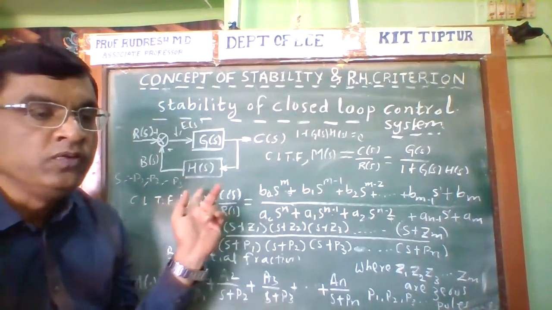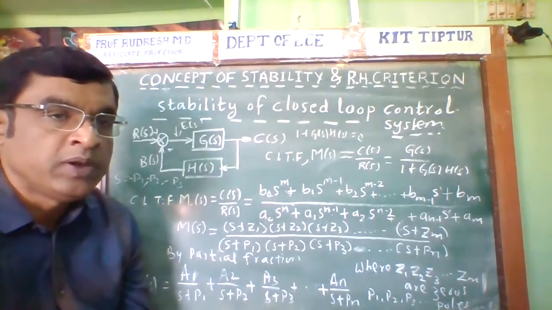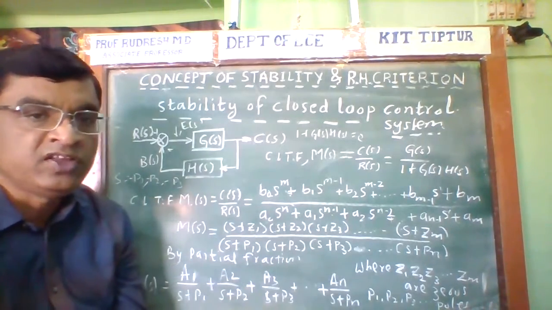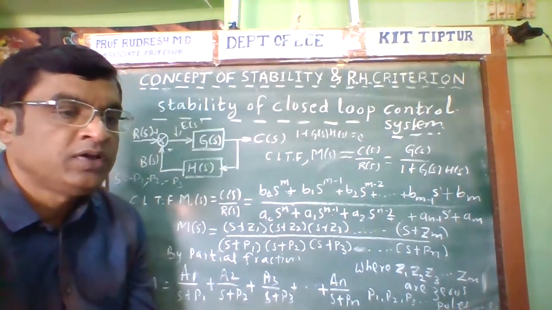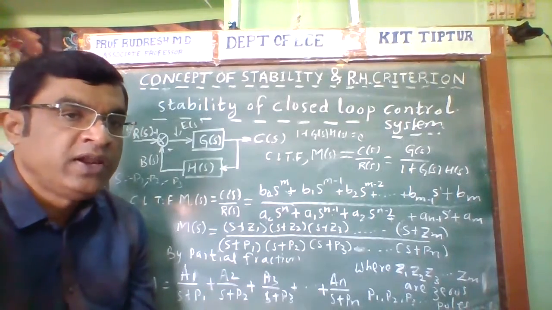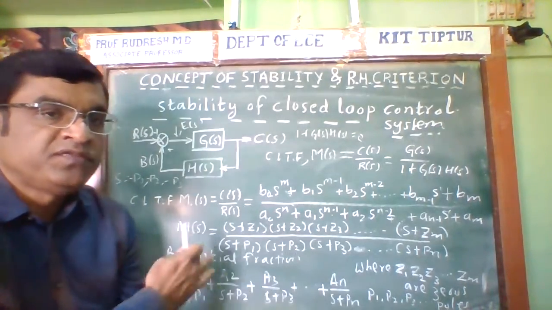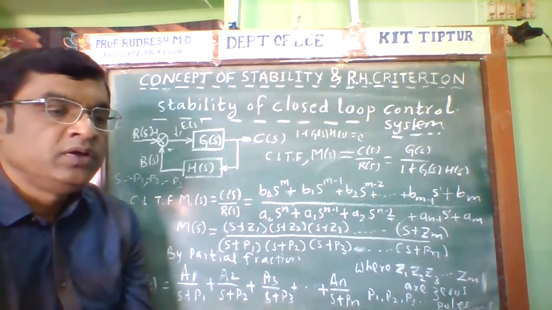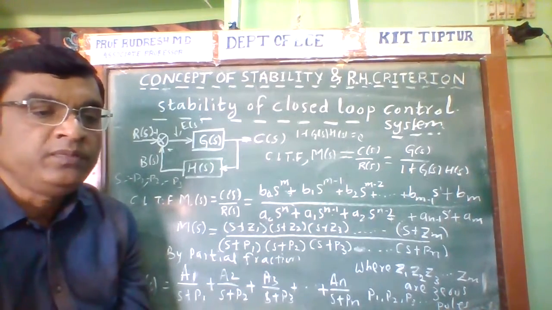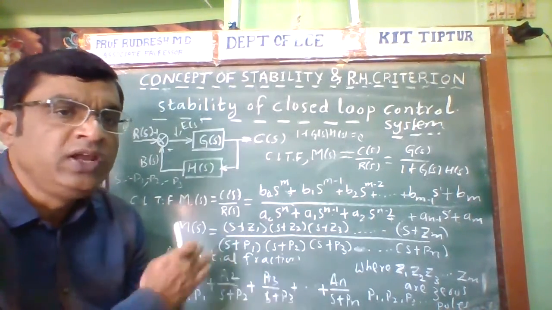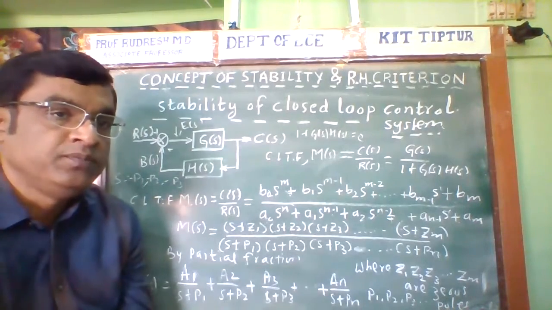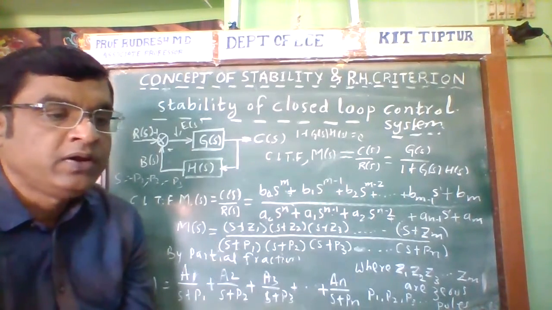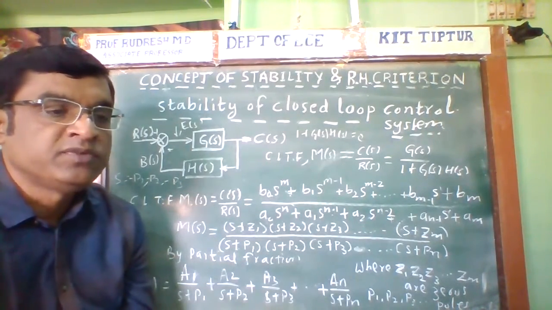These poles may be located at the origin of the S-plane, on the imaginary axis, on the left half of the S-plane, or on the right half of the S-plane. The location of the poles on the S-plane indicates the system stability.